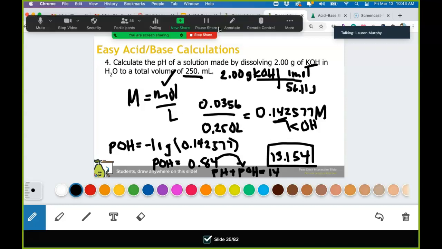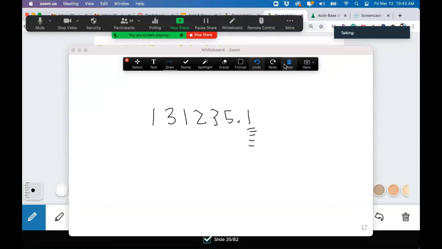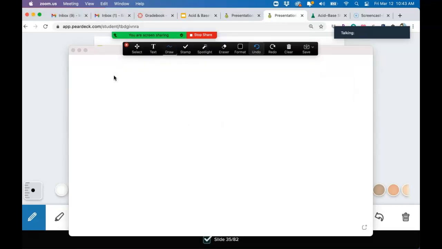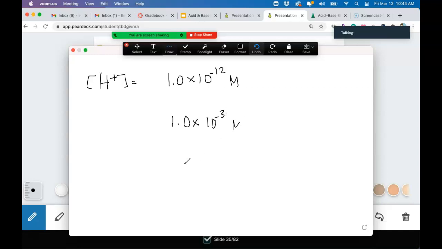Okay, now I need to show something to you. I'm going to have you just do a couple of practice calculations. I'm giving you hydrogen ion concentration, a couple of different ones. So this is hydrogen ion concentration.